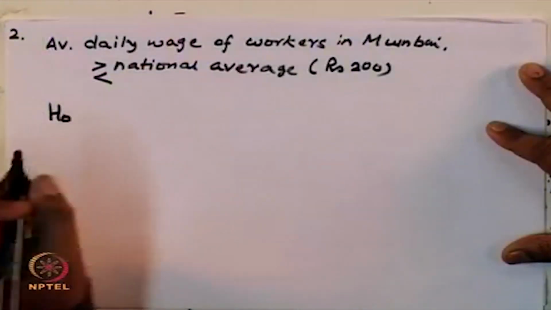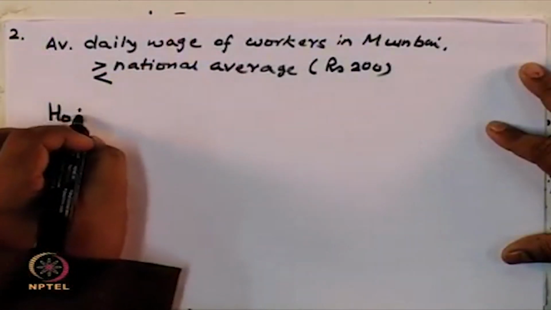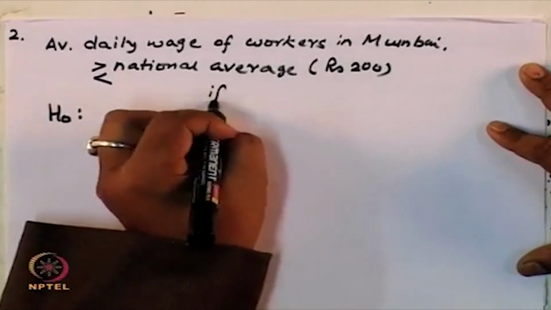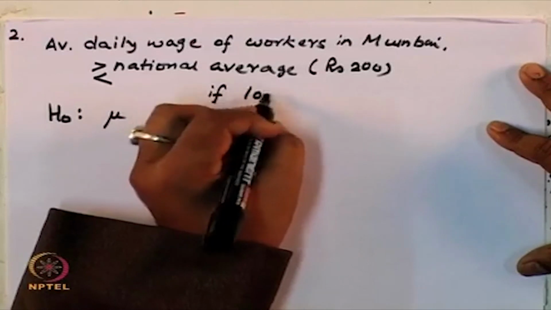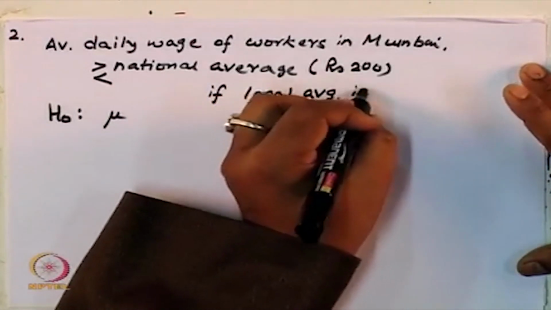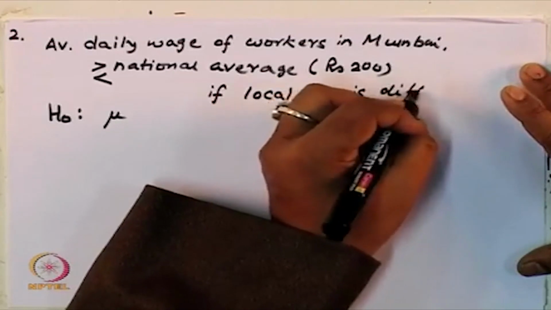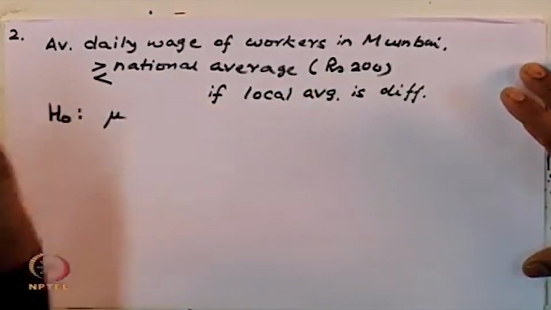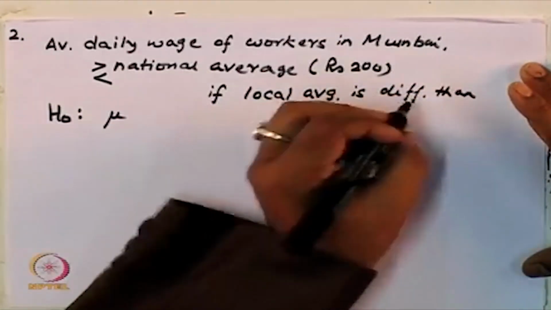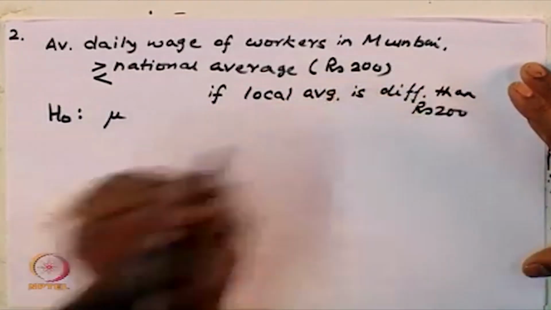So, we always begin with a null hypothesis. The null hypothesis in this case is that we want to prove if the local average is different, meaning either greater than or lesser than the national average of rupees 200.